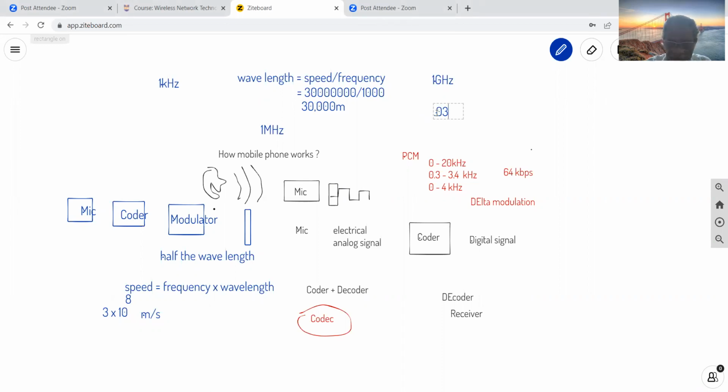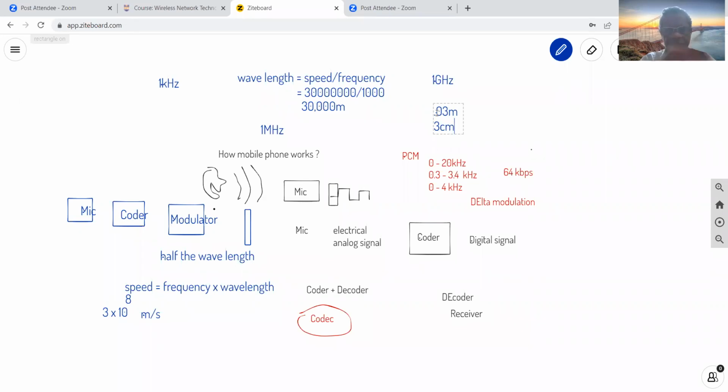Right? You multiply by 100, it is 3 centimeters. So this is a possible size of antenna. The antenna should normally be half of this, that is 1.5 centimeters. So normally these signals are transmitted in the gigahertz range, maybe about 2 gigahertz.